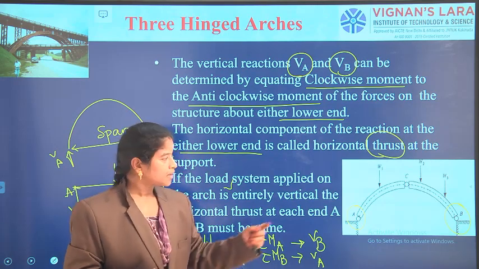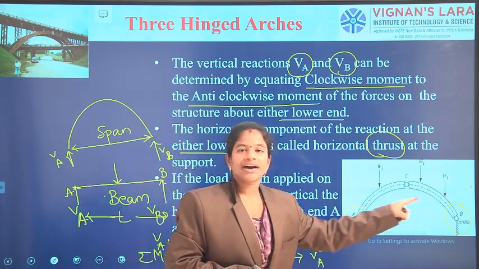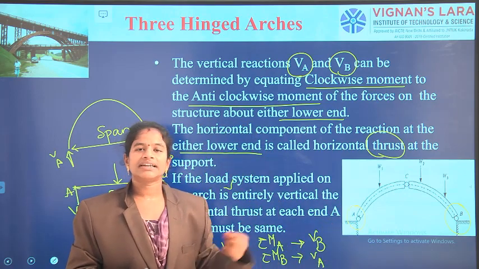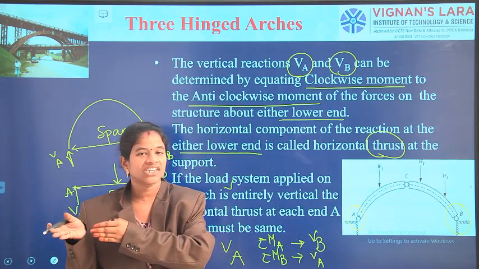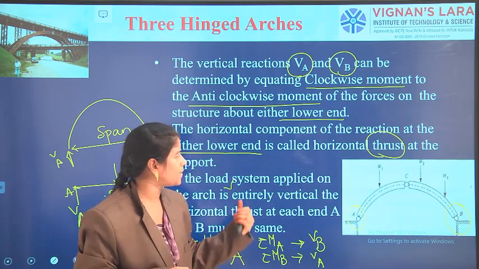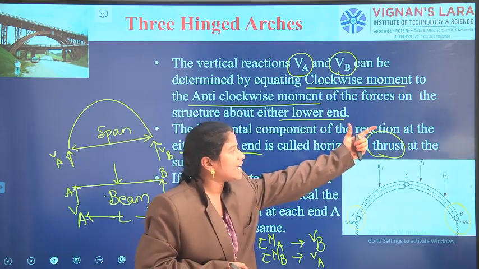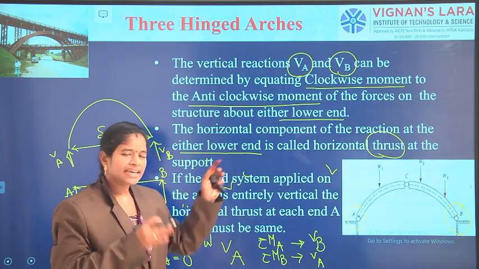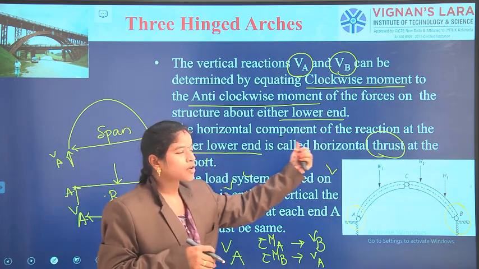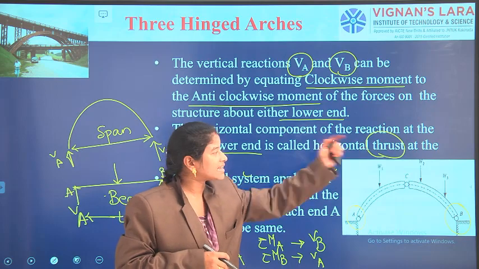Okay. As these two supports are at the same level, the horizontal thrust will be the same. So HA is equal to HB. The horizontal component of the reaction at any of the lower ends is called horizontal thrust.